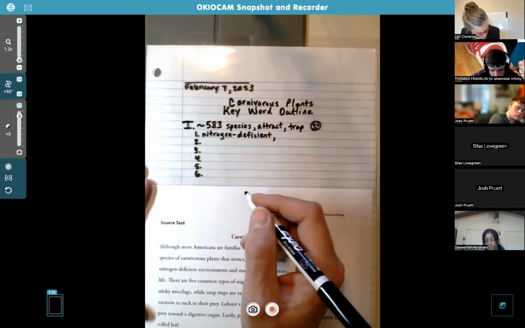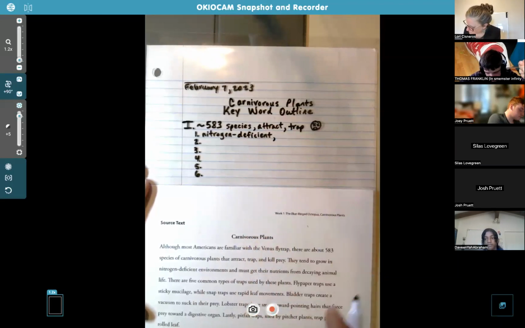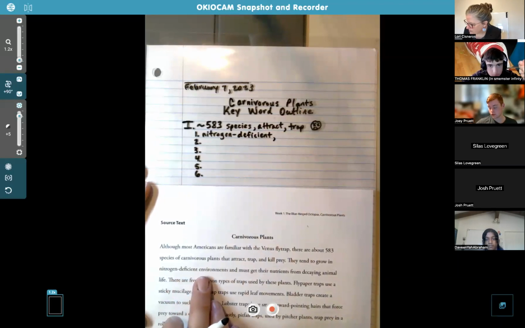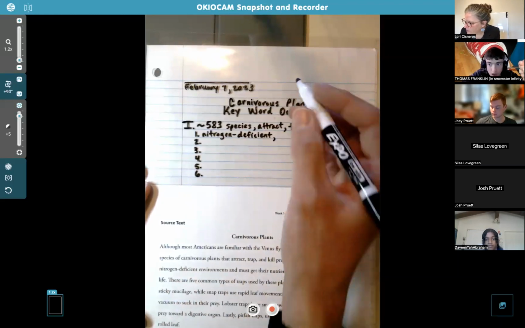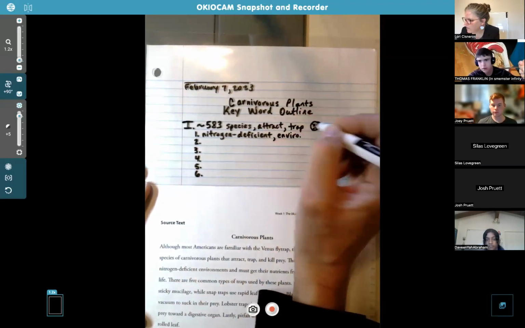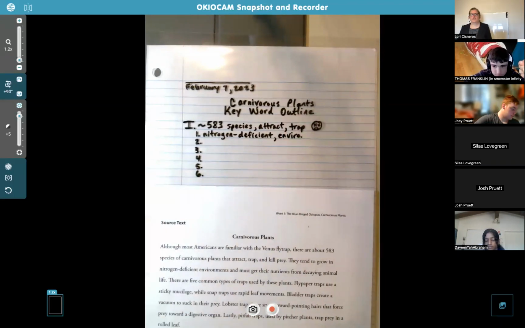All right. And that's how it grows. That might be kind of hard to remember that it grows in nitrogen deficient environments. And I think I'm going to put the abbreviation Enviro. If I use an abbreviation, I don't have to count that. So I'm going to put Enviro period for environment.